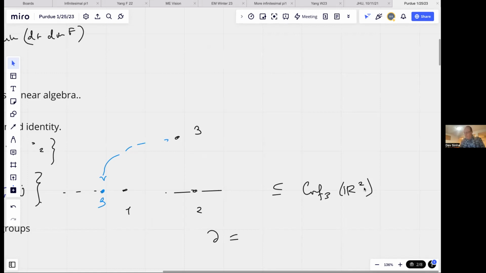And so if you look at it, it would be like alpha 3,1, where 3 is to the left of 1, and also alpha 1,2, or here, alpha 1,3, alpha 2,3.